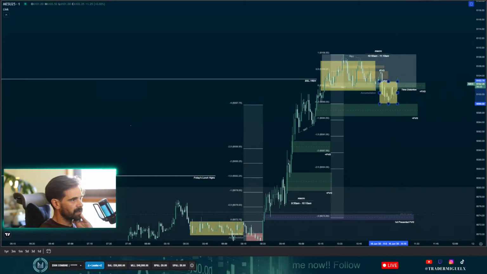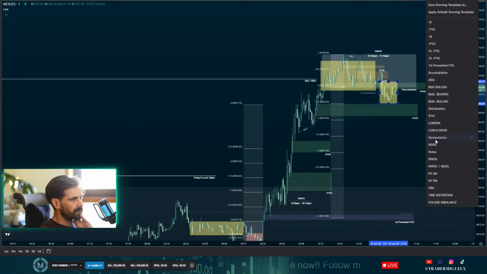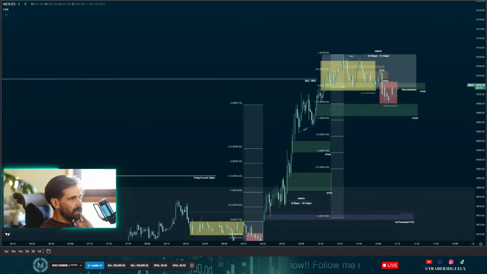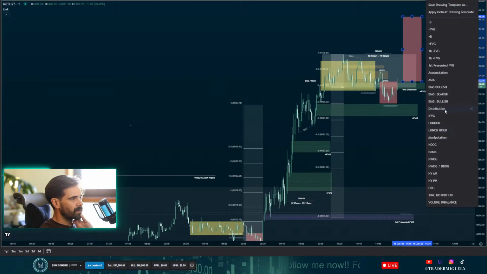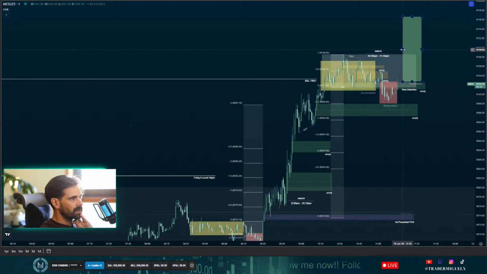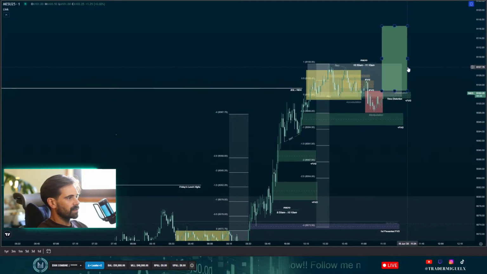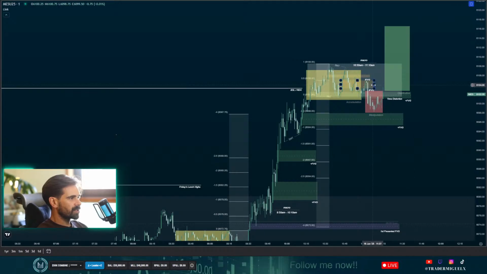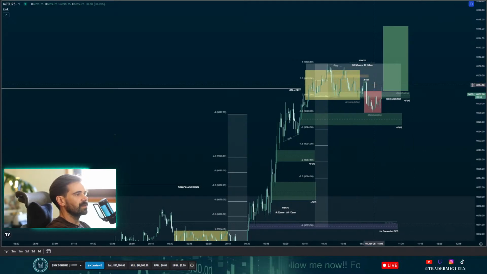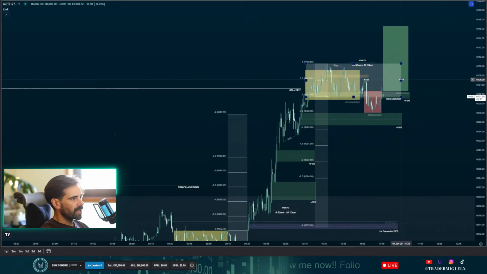Let me just mark this one right here. And eventually we can expect a distribution to the upside. So the logic process is always the same. You just have to wait. And as soon as you hit something and as soon as you see something, you should act accordingly.